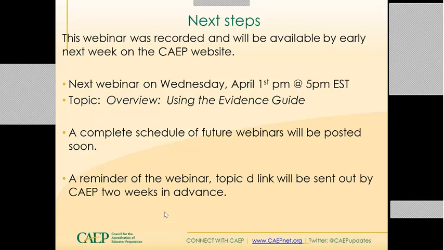Our next webinar is going to be on Wednesday, April 1st at 5 p.m., and the topic will be an overview of the evidence guide. You can find the evidence guide from your Ames location, and it is available on the CAPE website under the accreditation processes. If you click on that, you'll find the guidelines to the self-study and evidence, and you can click on the evidence guide for the most recent copy.